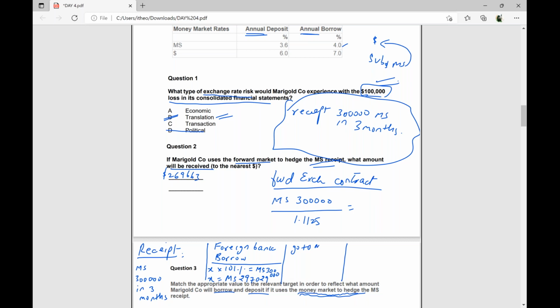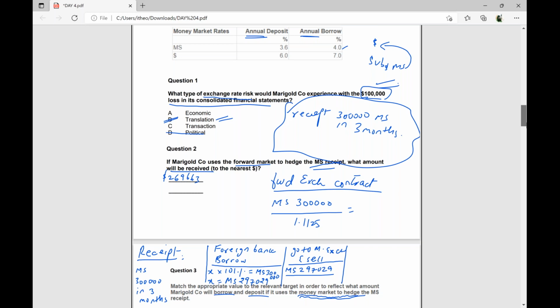Then the next step of money market hedging in receipt says go to the money exchange and sell this currency. If you sell 297,029 shillings, the money changer will give you dollars. How much? You are selling, so divide by the selling rate.